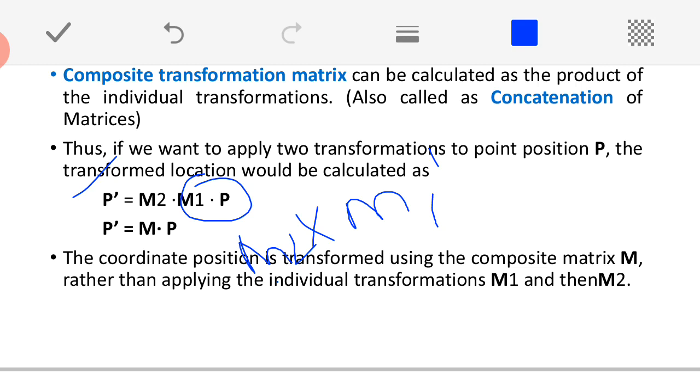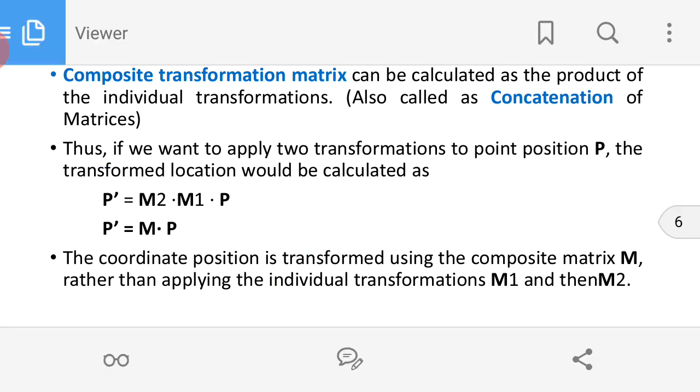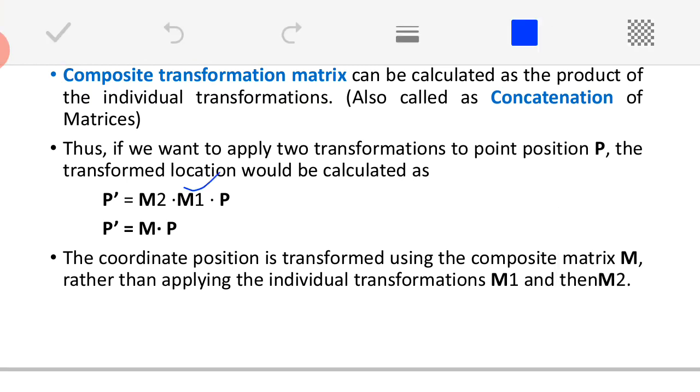So rather than doing that two times separately, first I will multiply M1 and M2, means concatenate M1 and M2. I will get this M, and this M will be multiplied with any point P of that object, of that vertex. I will get a transformed position. This is the advantage of composite transformation or concatenation of composite transformation matrices. Is it clear?